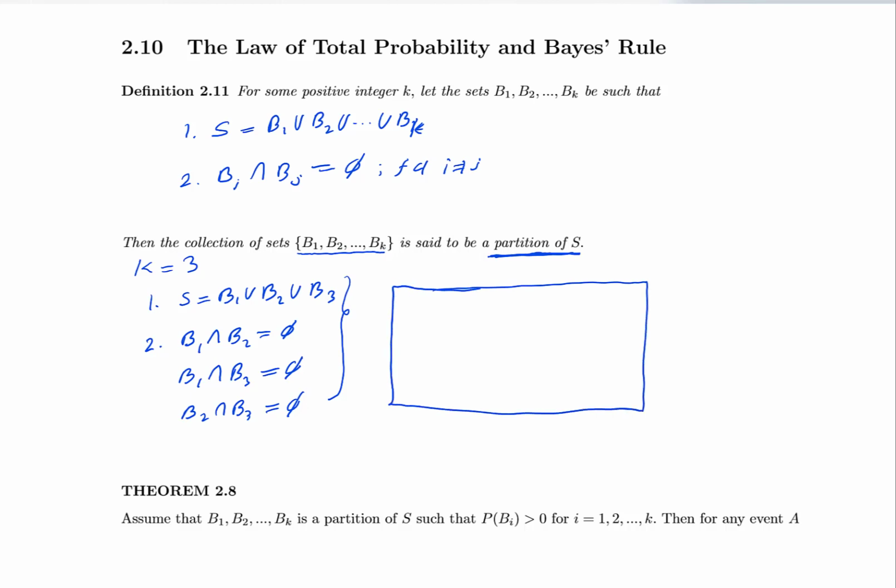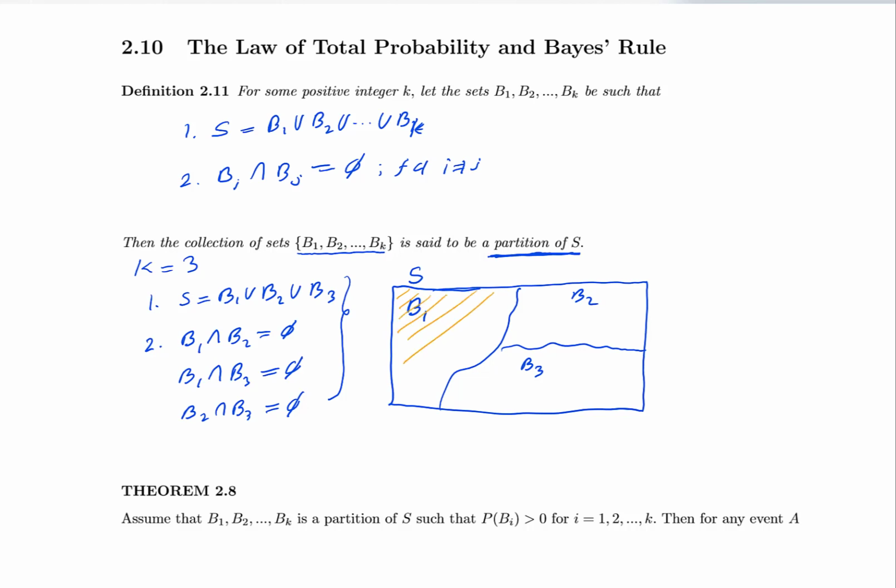Understand here, this is the S. S equals the union of B1, B2, B3, and also the intersections of these sets are empty. Therefore it should be like this. This is B1, this is B2, and this is B3, right? Let me show you again very clearly.